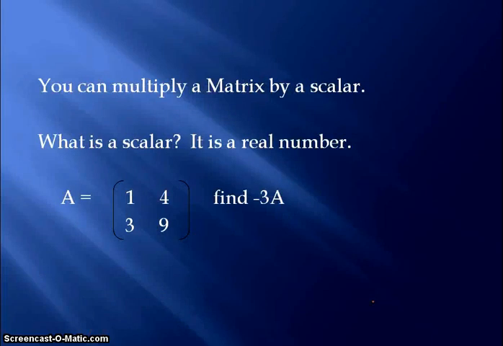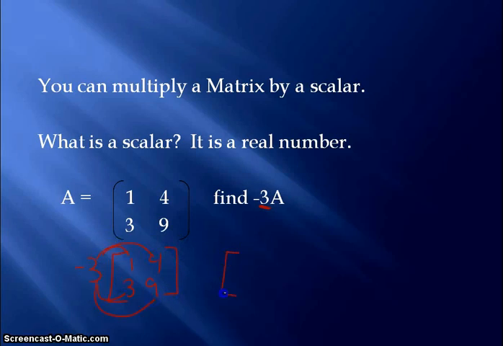And we can also multiply a matrix by a scalar. And what's a scalar? It's just a real number. So essentially we're distributing, in this case, a negative 3 to every element within A. So I could put a negative 3 out in front. I can rewrite matrix A. So I want to distribute that 3 to everything on the inside.